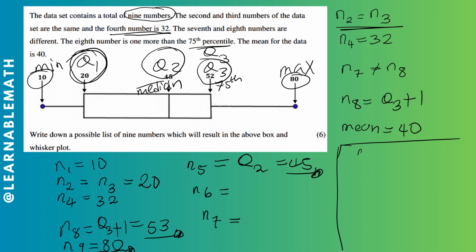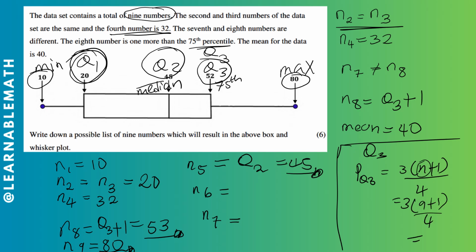To find the position of Q3, it is equal to 3 times (n plus 1) divided by 4, because remember it has to represent 75% of the data, which is 3 over 4. So we say 3 times (the number of data values, 9, plus 1) divided by 4.